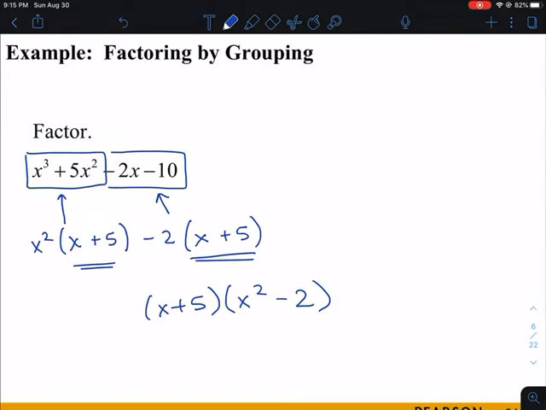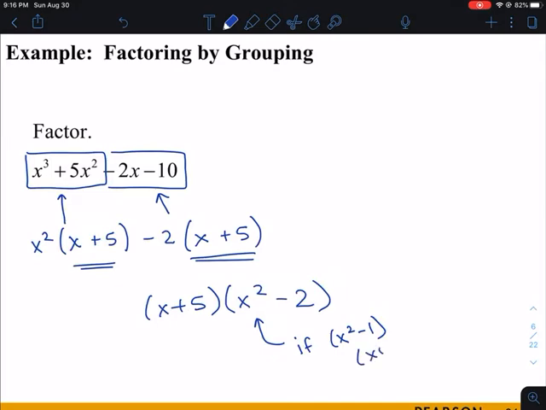Now, we always double check to make sure that's in simplest form. Anytime you're left with an x squared, always double check to see if it's something that could be simplified further. If this were like an x squared minus 1, that would be a special case.